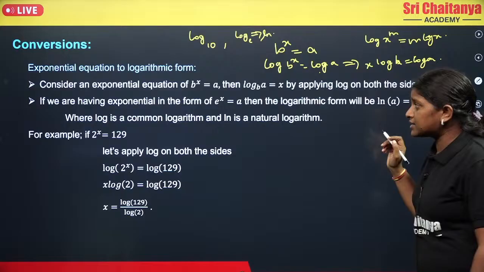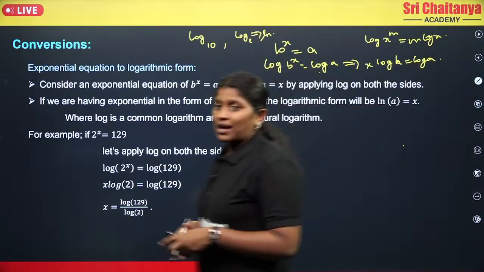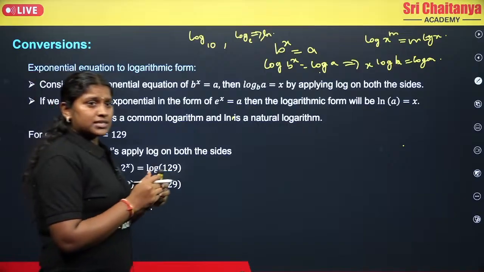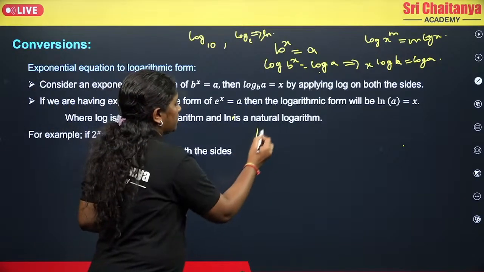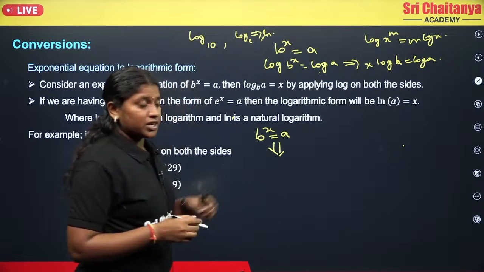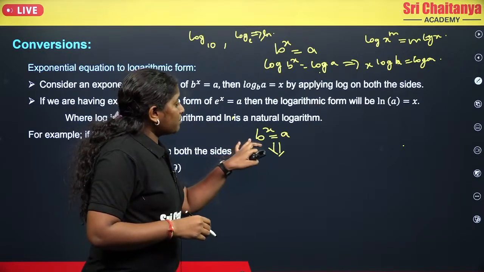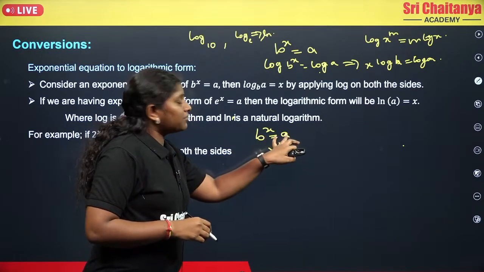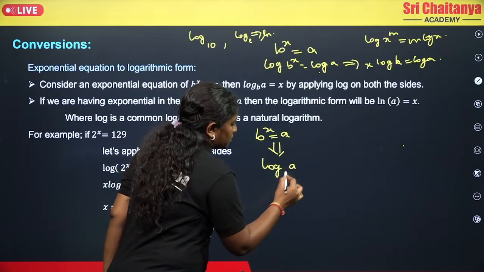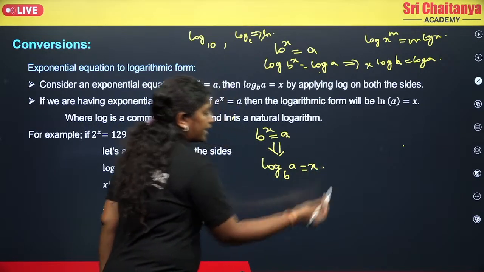Now moving to the next, for e to the power x. I am using here e to the power x equals a. For the same e power x equals a, if you want to convert it into the logarithm, it is simple. If I apply log, whatever value you have on your right side, log of this value to the base e will equal your x.